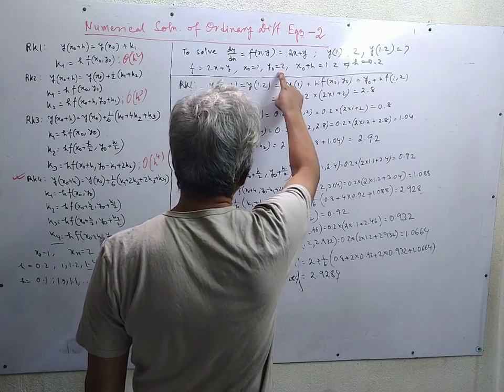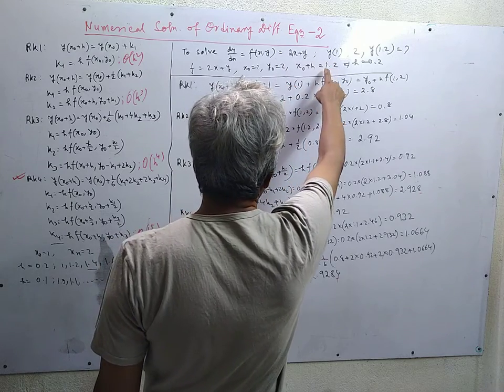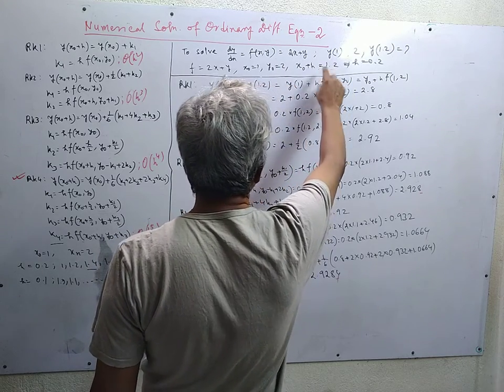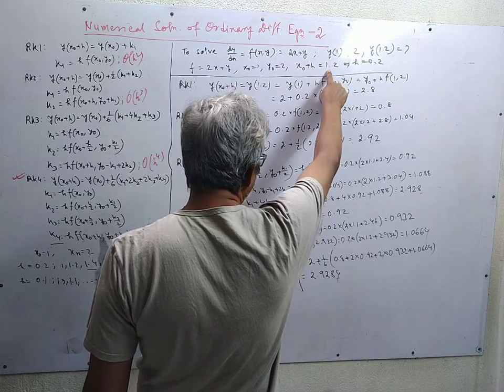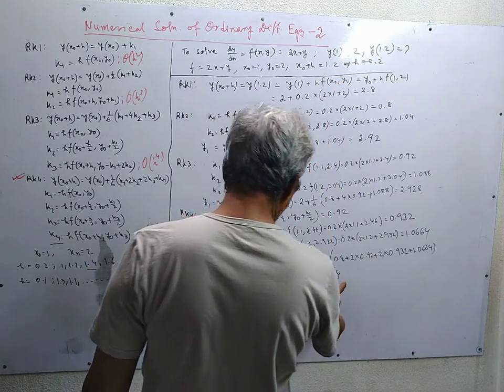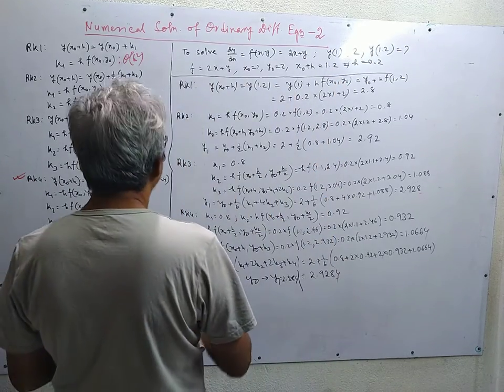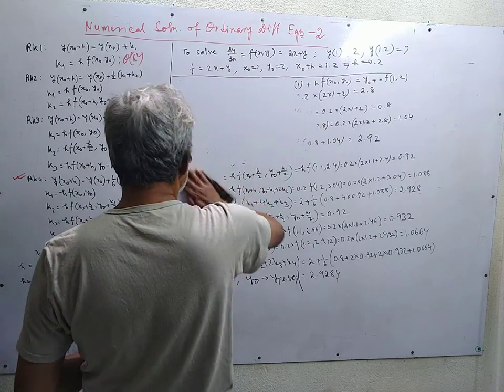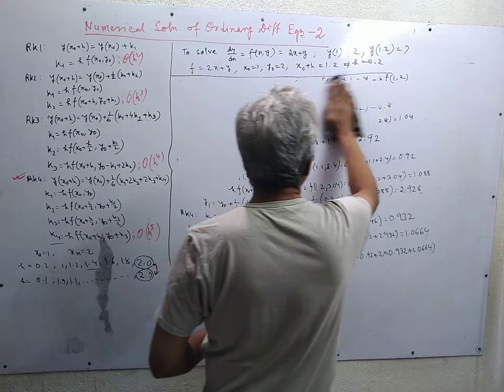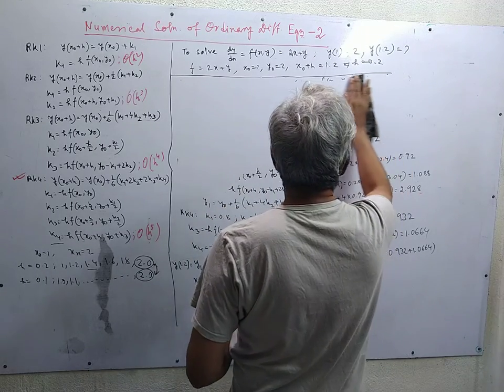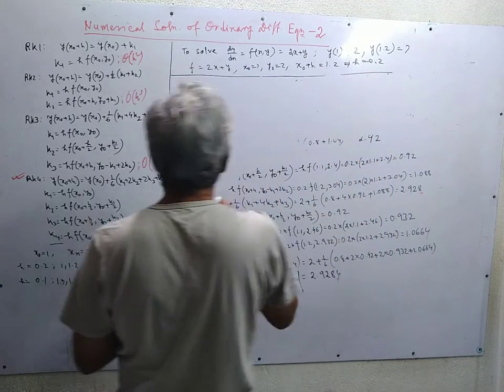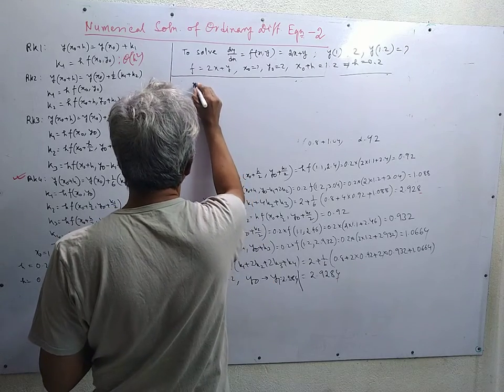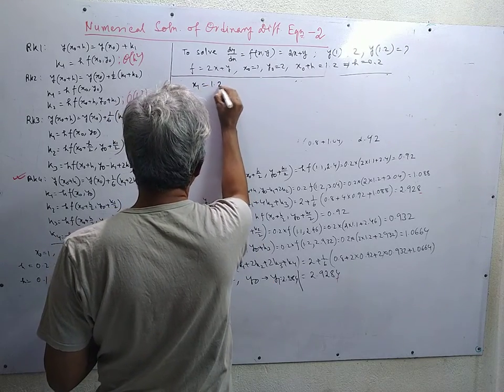In this method, x0 is 1, y0 was 2, and we obtained x1 equal to 1.2 and the solution like this. So the summary of our result of the last class is that x1 is equal to 1.2.